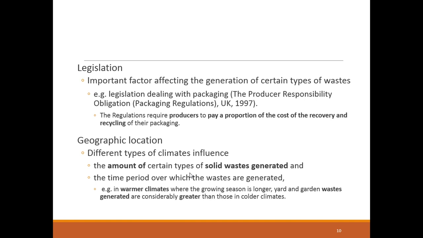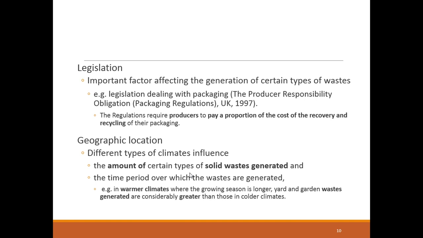Geographic location can also affect waste generation rates. So for example, when we look at different types of climate, the amount of certain types of waste generated can be reflected, or you would notice patterns based on the climate.